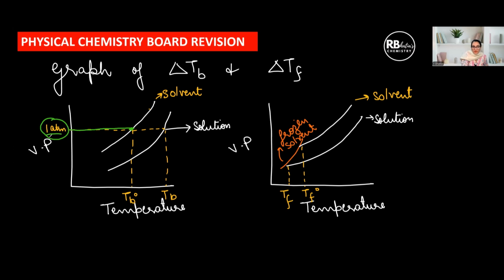Okay, so I'm talking about the standard boiling point here. This point, 1 atmosphere, is the external pressure. So the temperature at which the vapor pressure matches the external pressure is going to be called the boiling point of the pure solvent, because I'm talking about this on the pure solvent axis.